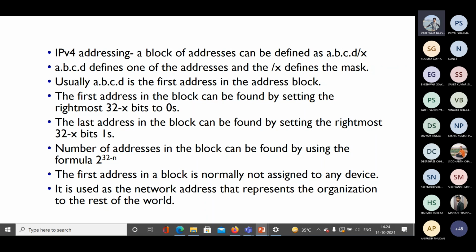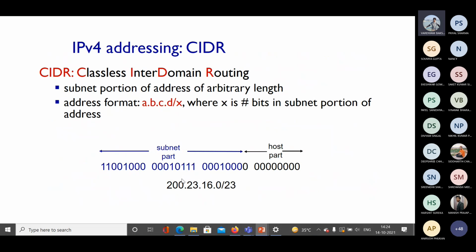The first address of this block can be found by setting the rightmost 32 minus x bits to zeros. Let me give you an example. Here we have 200.23.16.0/23, and this is actually the first address. Why?